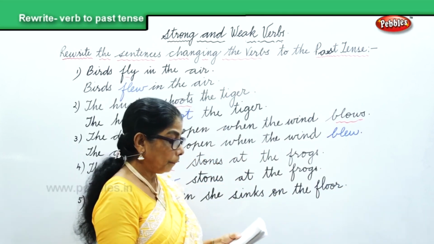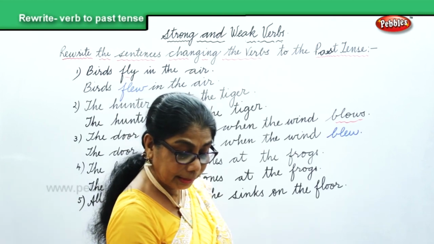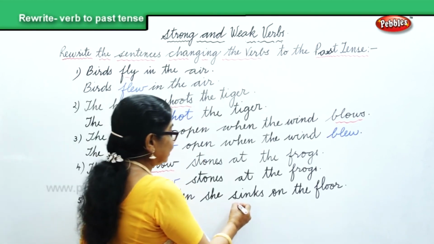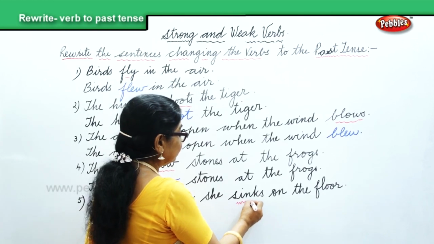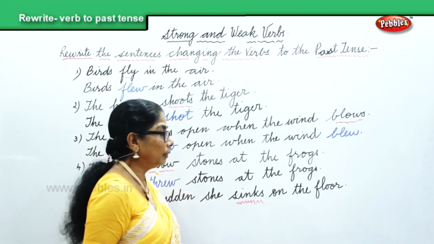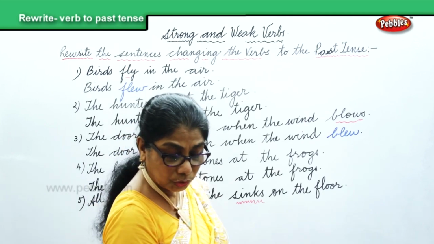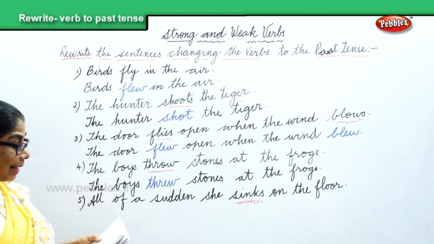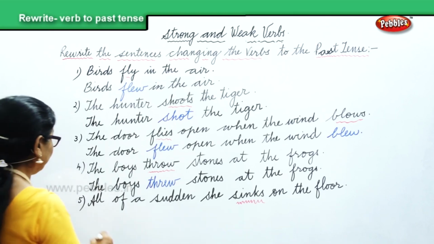Okay. Now, all of a sudden, she sings, which is the verb here? She sings. Sing, falling down. Okay, now we have to rewrite. So what will you write? All of a sudden, she sang on the floor.